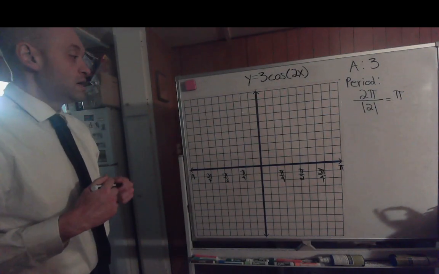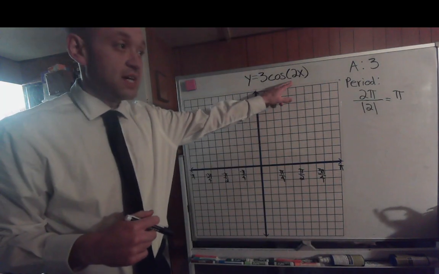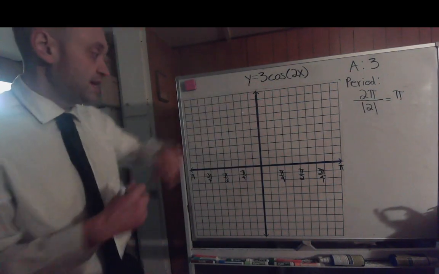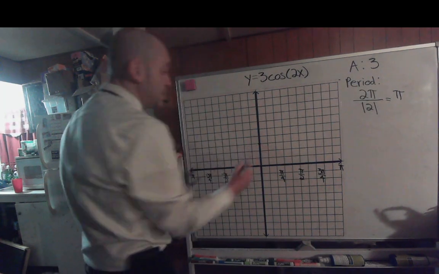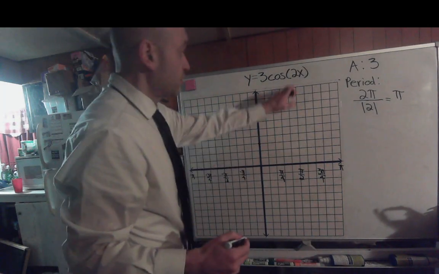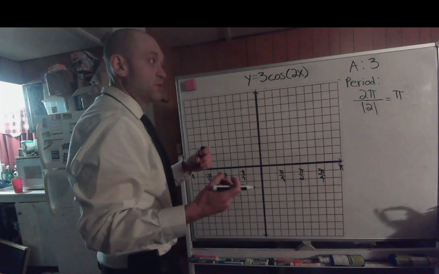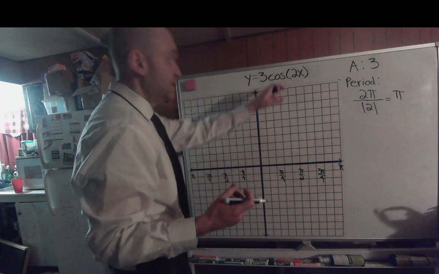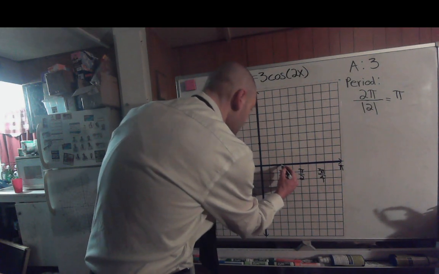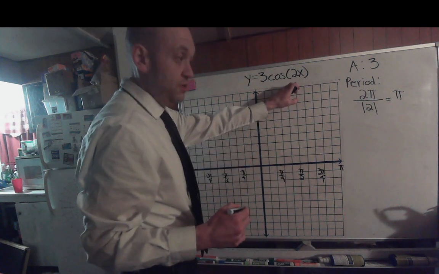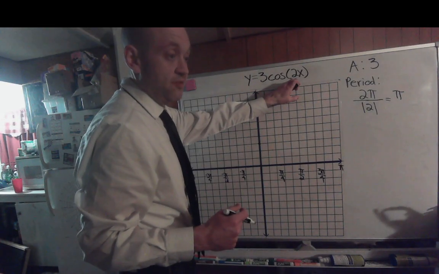Now, what is the cosine? If we put in 0, you still get the cosine of 0, which is 1, times that amplitude of 3, you'll be all the way up to 3. Now put in pi over 4. What's 2 pi over 4? Well, that's pi over 2. What is the cosine of pi over 2? That's 0 times 3, which is 0. Now put in pi over 2. That would give you the cosine of 2 pi over 2, which is the cosine of pi.